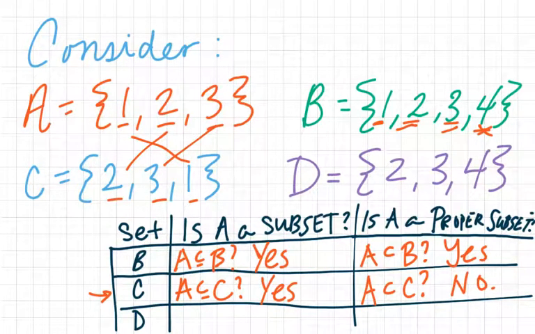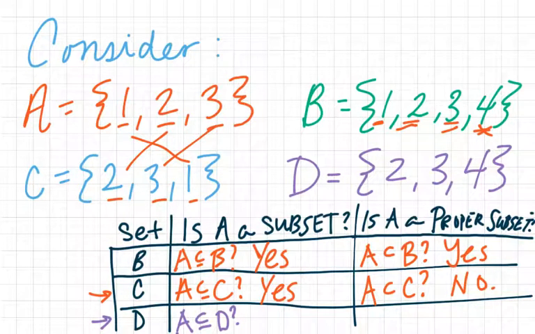And then lastly, we're going to look at set D, and we're going to say, is A a subset of D? So are all the elements of A contained in D? Well, A contains 1, 2, and 3, and D is the set containing the elements 2, 3, and 4. And so D does not have 1.